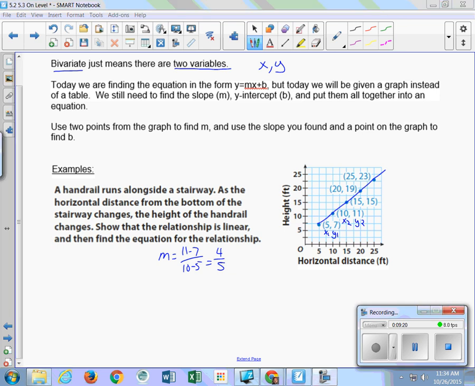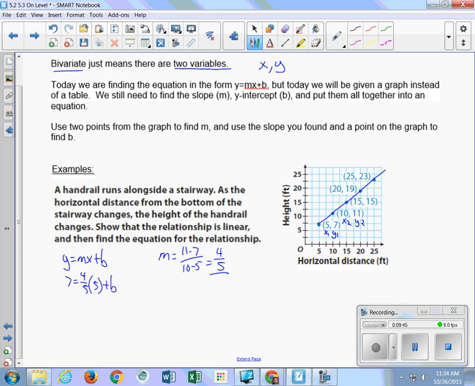Okay, so to do that, we're just going to plug in our slope and the coordinates of one point into y equals mx plus b. We're going to plug in our y is 7 equals our slope 4 over 5, our x is 5, plus b, and we're just going to solve for b.